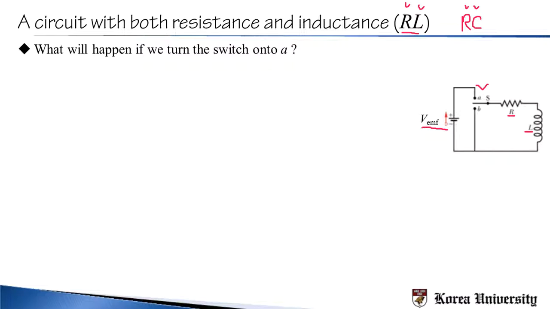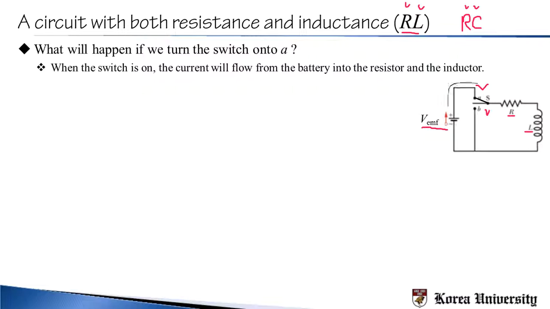Okay. Anyway, so here in this circuit, in the beginning, the circuit is open. So therefore, the current I will be 0. Okay. And then what's going to happen if you turn the switch on to A? Of course, if you turn the switch on, the current will start to flow out from the EMF device. But then we learned that this inductor does not like changes in current.